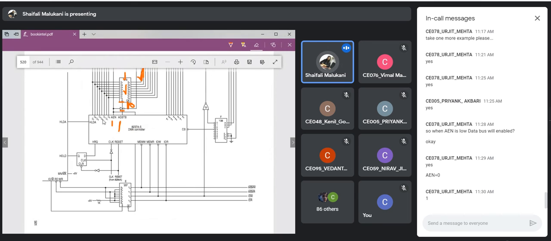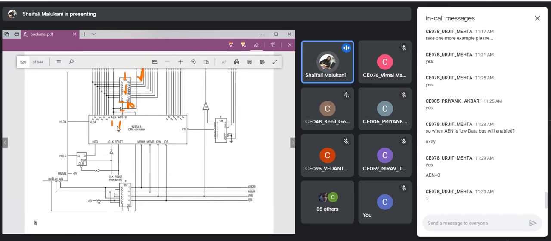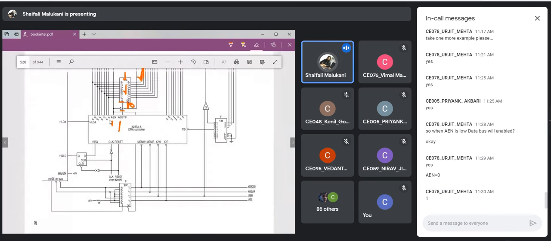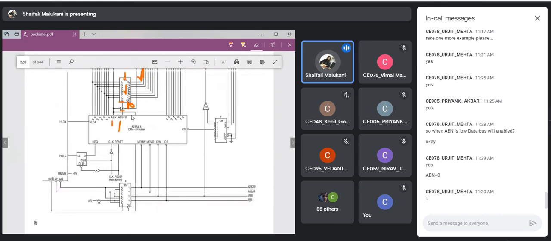I told you that D0 to D7 will appear as A8 to A15, as with ALE we were using the same way. Whatever was on the data lines will be given to the address lines A8 to A15. So currently D0 to D7 is acting as the address lines A8 to A15.